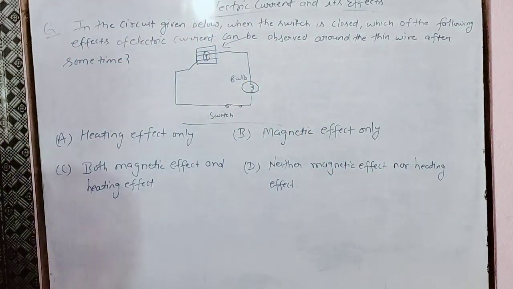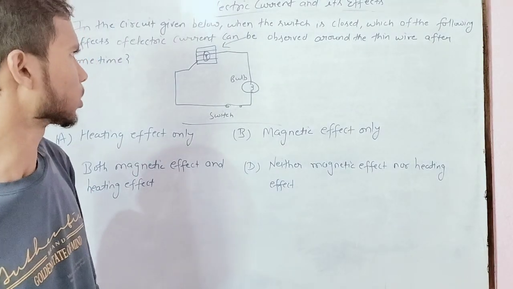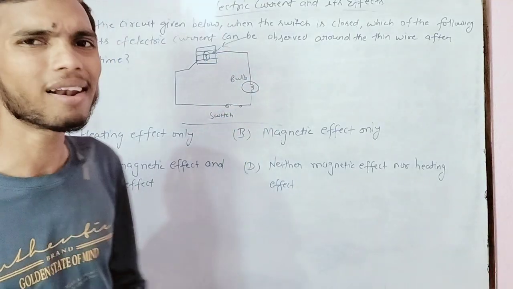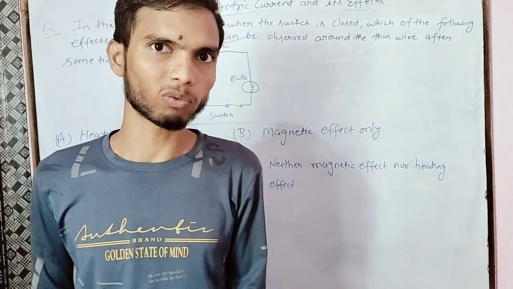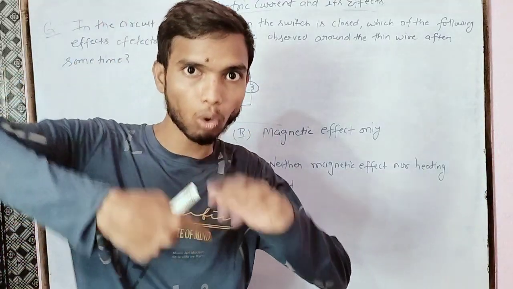So how to answer? How to identify? Look here. This wire will behave with a magnetic effect, of course, because it is enclosed with a magnet.